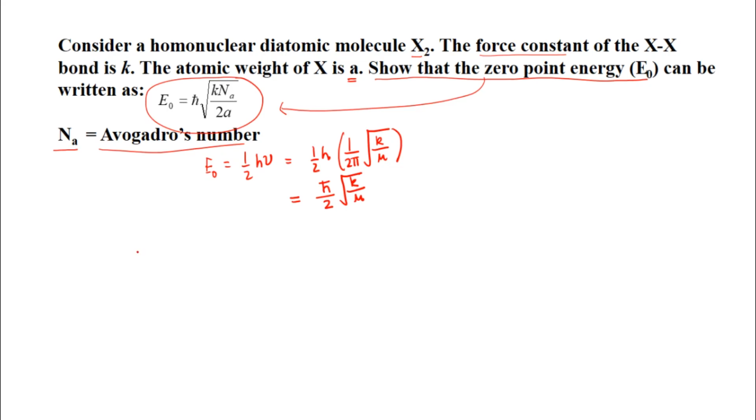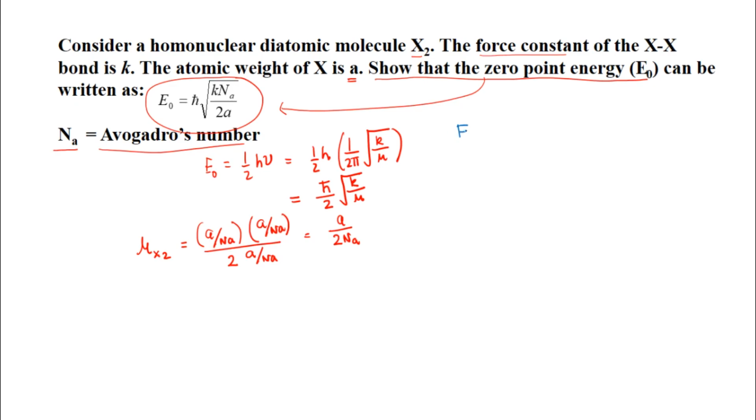So, we have to find the reduced mass of X 2. The atomic weight is A, so the mass of one atom is given by A by Avogadro number. So, the reduced mass is A by N A times A by N A divided by 2 times A by N A. So, that will be A by 2 times N A.